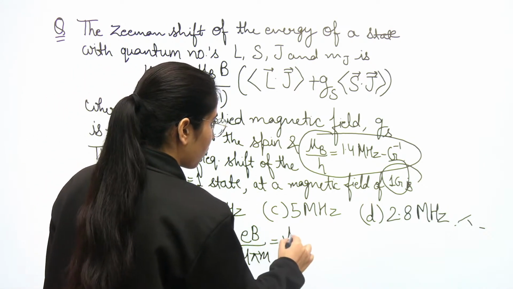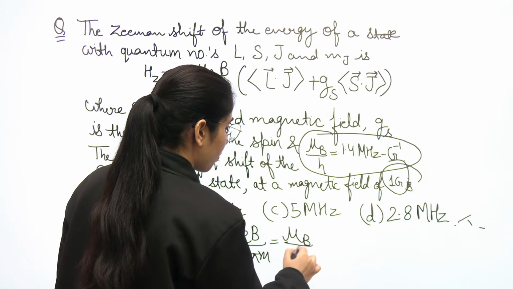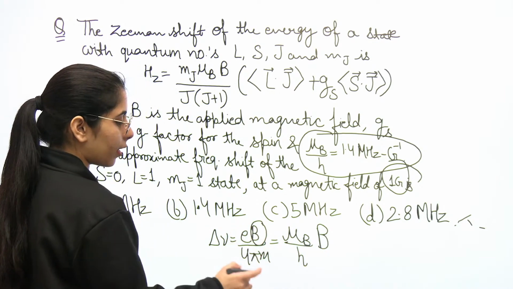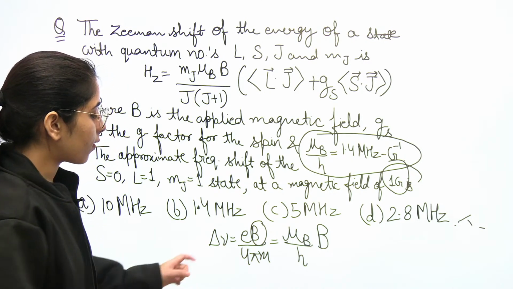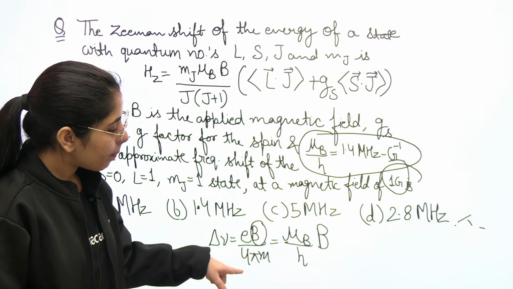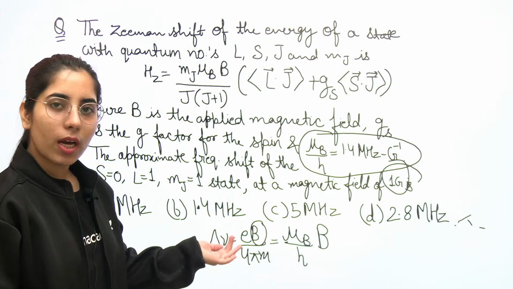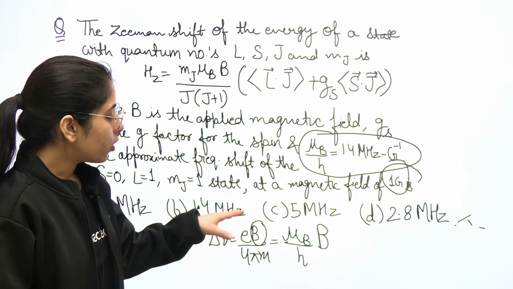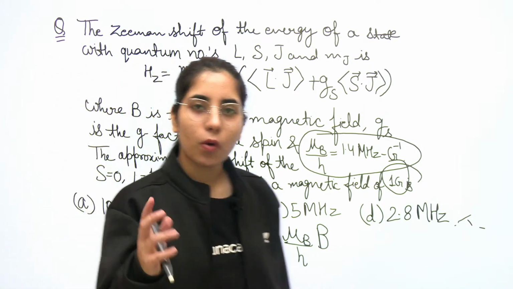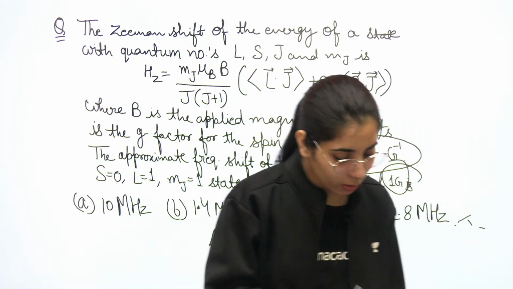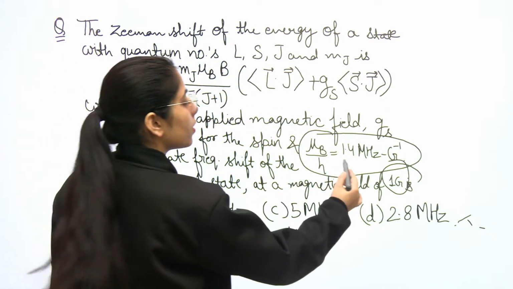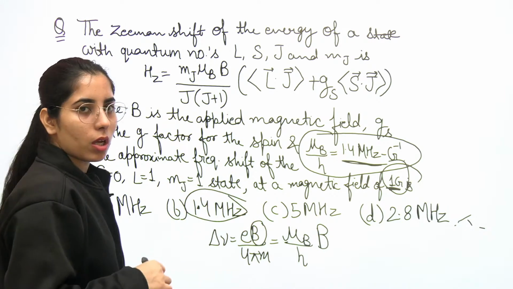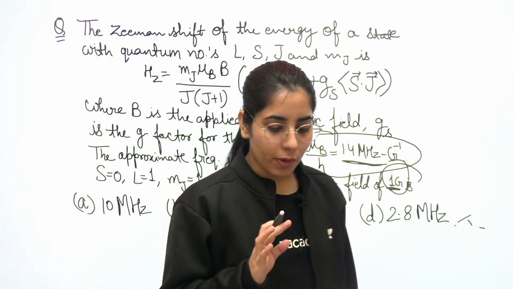You can write this expression also as mu B upon h into B. Except this B, you need one h in the denominator. If you are considering it as EB upon 4 pi m, you need one more h, so you have to multiply and divide by h here. When you do that, the formula is converted into the form mu B upon h into B. Mu B upon h is this and B is this. Just put all the values, you are going to get 1.4. That's how you are going to get your final answer.